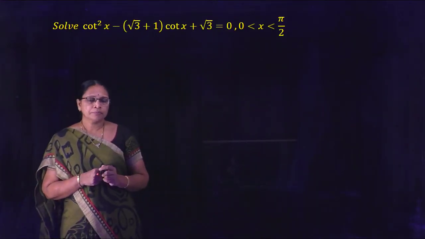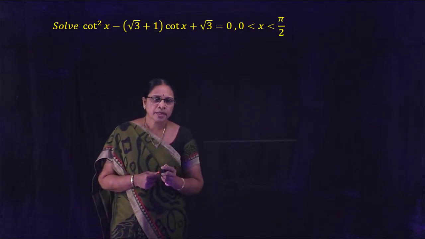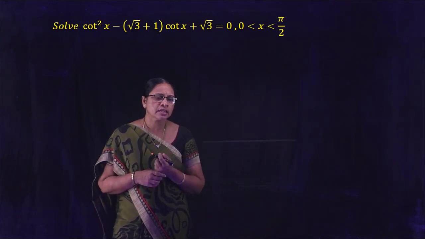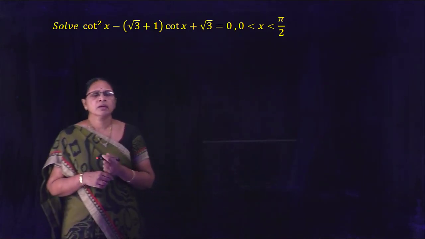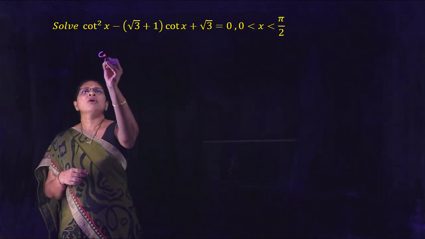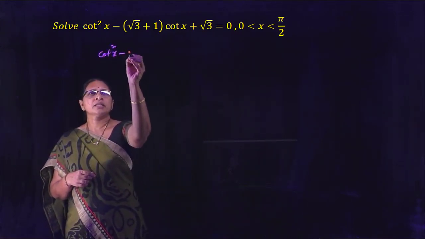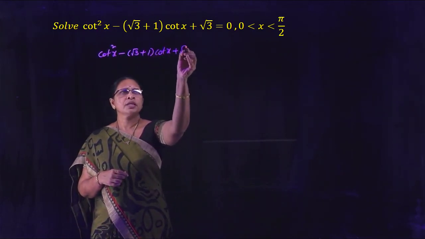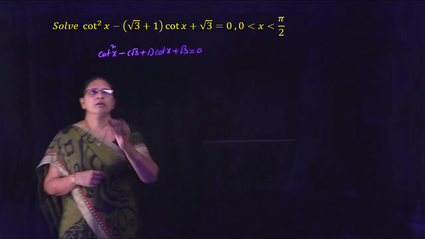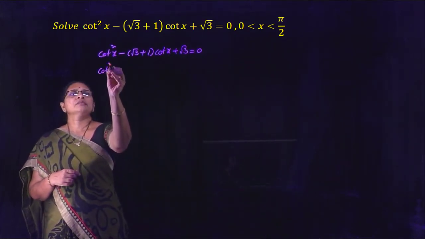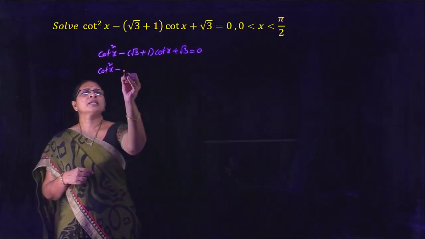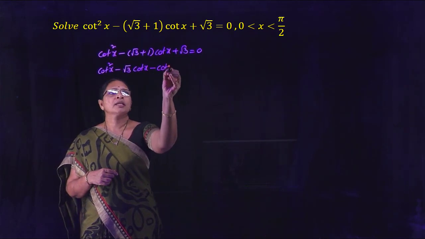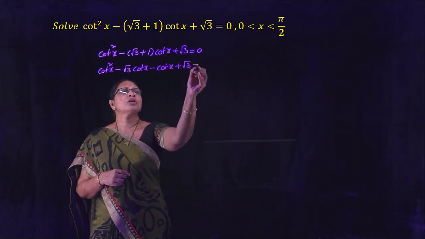See the next problem. Solve cot square x minus root 3 plus 1 cot x plus root 3 equal to 0, where 0 less than x less than pi by 2. Expanding this equation, cot square x minus root 3 cot x minus cot x plus root 3 equal to 0.